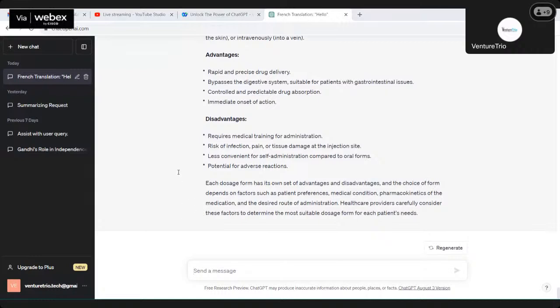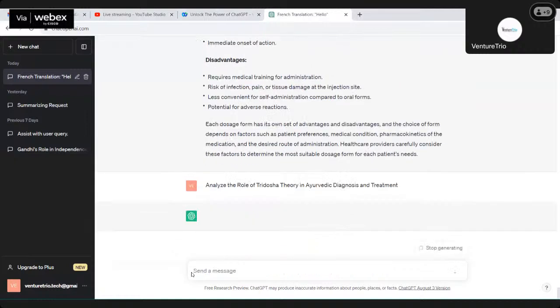Let's move to one more industry, like Ayurveda. Then again we move on to our PPT and move to prompt engineering. Analyze the role of Tridosha theory in Ayurvedic diagnosis and treatment.